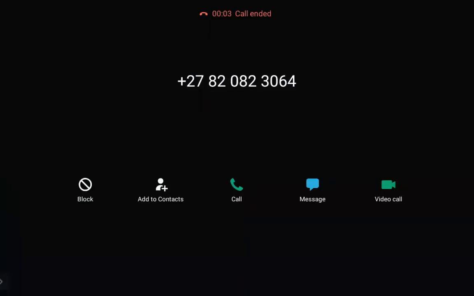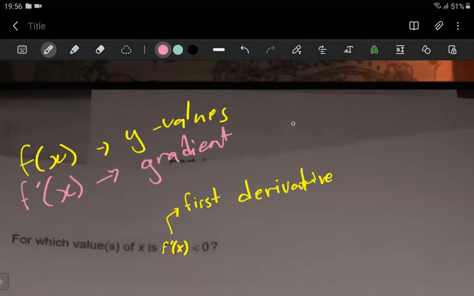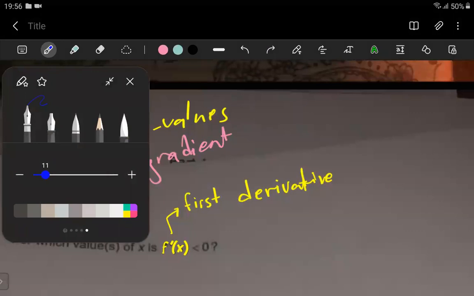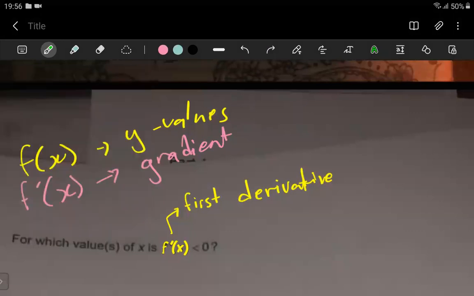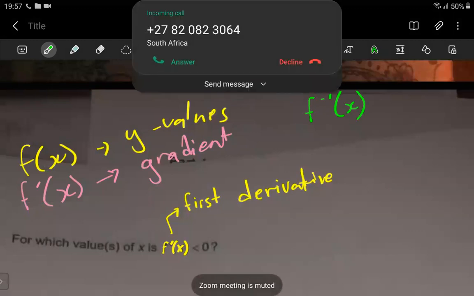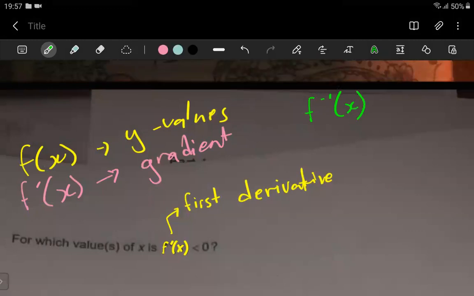Inverse has a -1 on the F. Yeah, inverse has -1 on the F. So with inverse, the X and Y values swap, right?